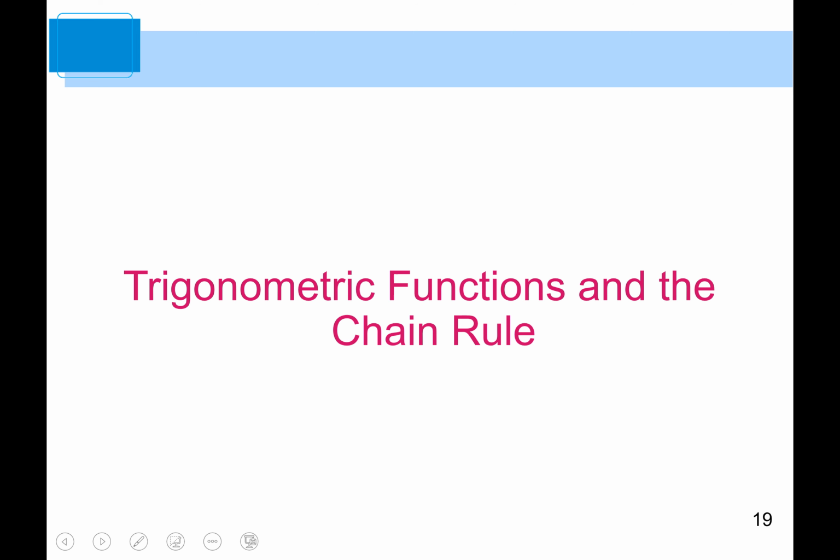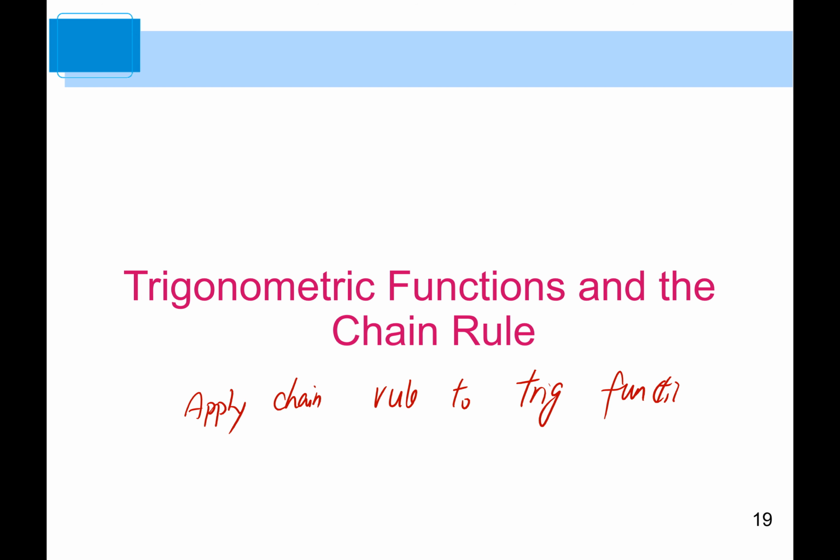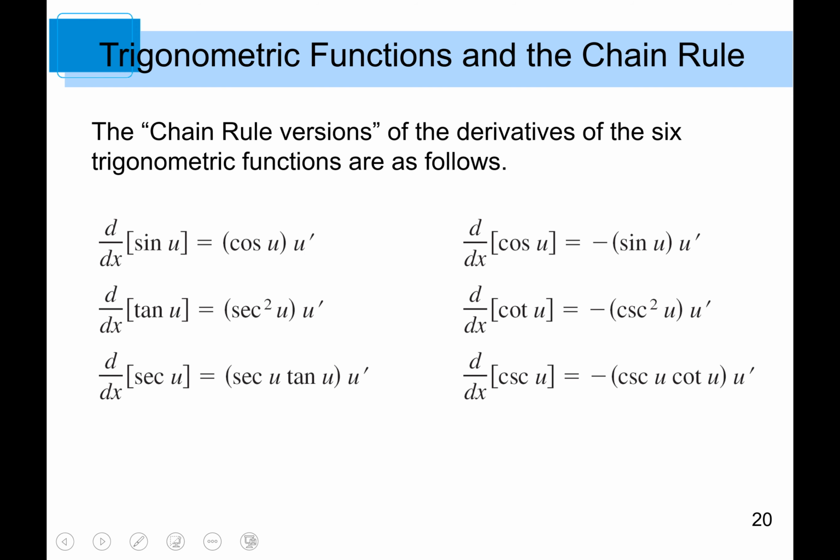And the very last thing, we're going to take a look at trigonometric functions and the chain rule, right? Apply the chain rule to trigonometric functions. So the derivative of sine u equals cosine u times u prime.